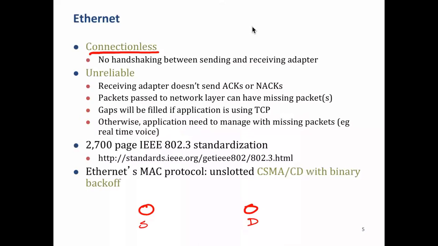When we create a connection, then once the connection is established, we send a series of packets or frames. The first step, like we do in the case of TCP, is connection creation, where source and destination agree on certain parameters. Then they exchange a number of packets, and then there is connection teardown. So basically there is a phase of connection setup, then data transfer, and then disconnection.